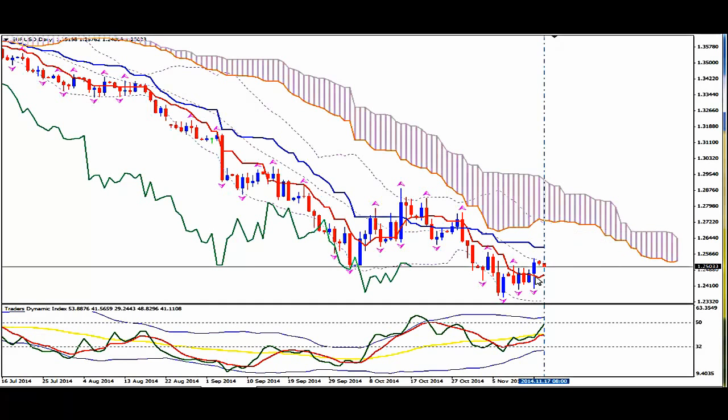By then, the median Bollinger Band will have made a knee, and it will go upwards, and that will indicate the pair's mood to go upwards.